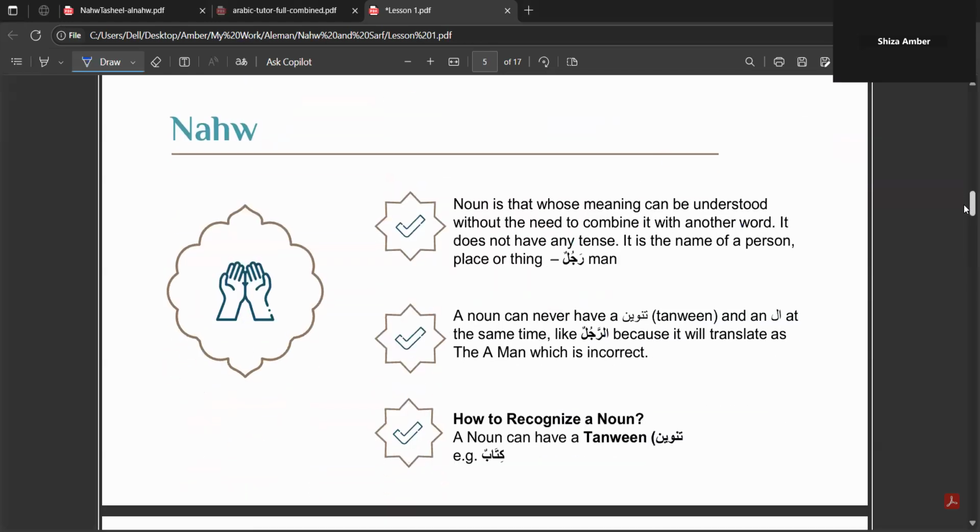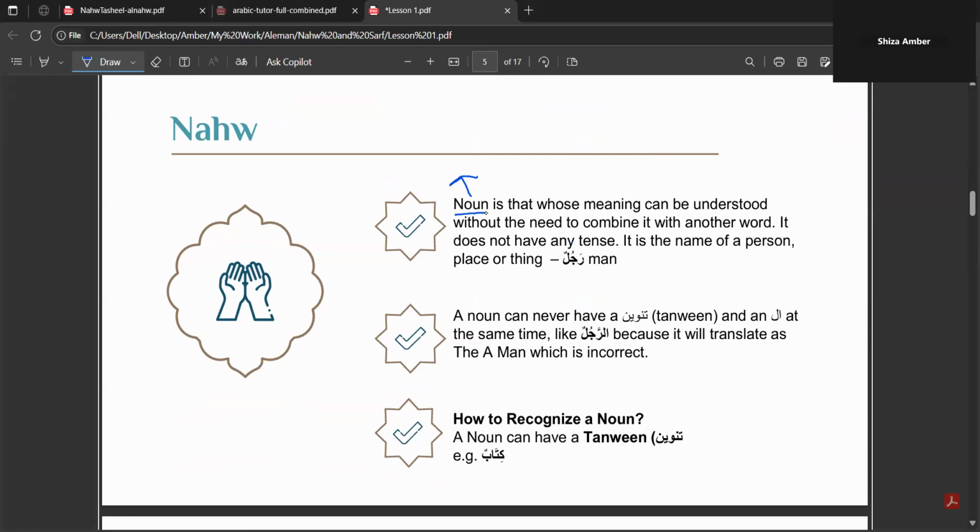Okay. We are now switching to one of the parts of speech. That is a noun. So noun, if I say the word noun, what do you understand by the word noun? Do you know what noun is? What is it?